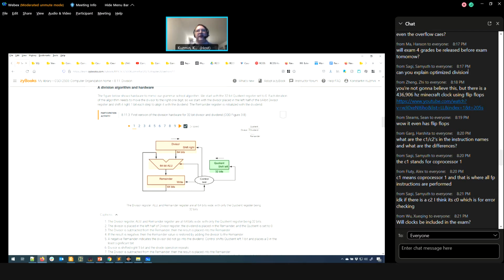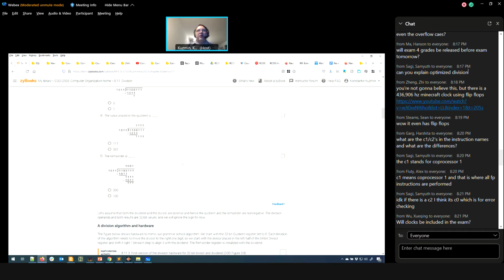Because we are shifting right roughly 32 times, we have to make sure that this register is large enough so that we can keep our divisor within the range of this register. And then we are shifting our quotient left, and with a quotient, we don't really care if we lose bits, right? Because we only use them once, and then we use this ALU in the middle to do our partial sums.